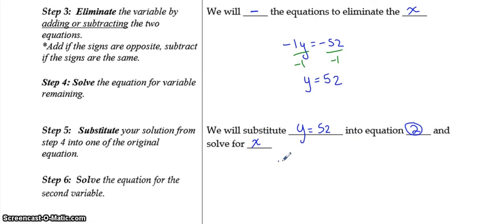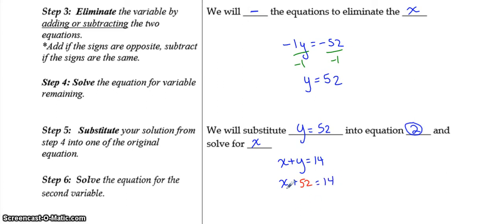So equation 2 was x plus y equals 14. So that's going to become x plus 52 equals 14.